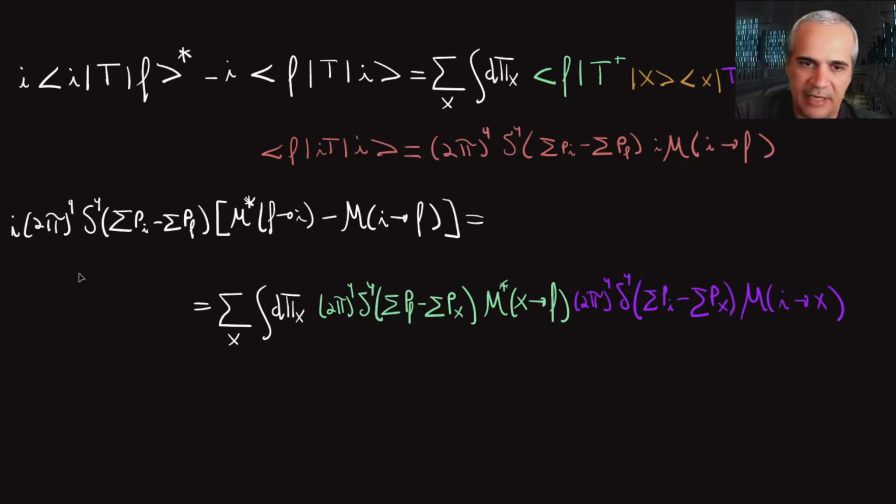If I do that, then I can have a cancellation. Well, the factor of 2 pi to the fourth, of course, but then this delta I'm also able to eliminate with this one because this is guaranteed by the other delta. In that case, what I obtain, right, I eliminated everything.